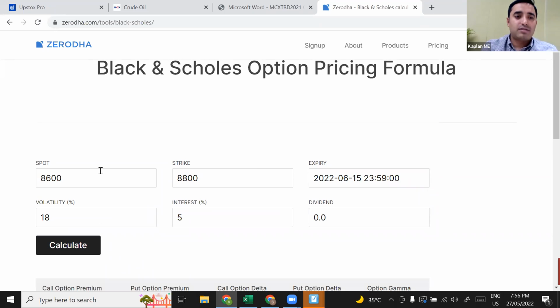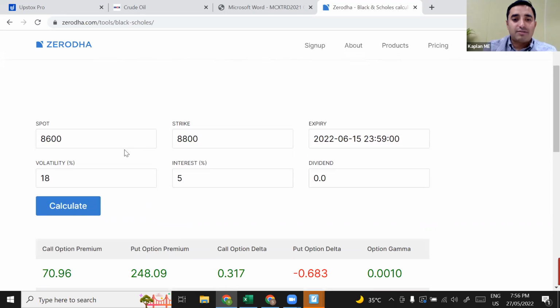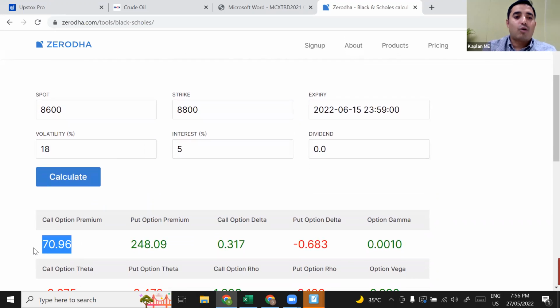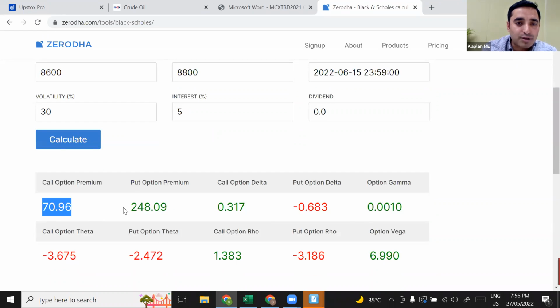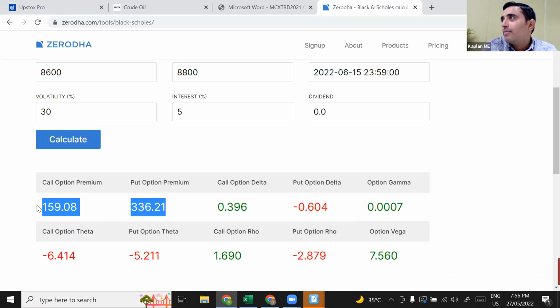And if I calculate, this is a calculator which tells me ideally what should be the call option premium. Clear? Now, if you see here, nothing changes, only the volatility changes from 18% to 30%. What you would see is both call option premium and put option premium, just check both of these. When I hit calculate, value of both of these will change. So volatility affects both call options and put options positively.